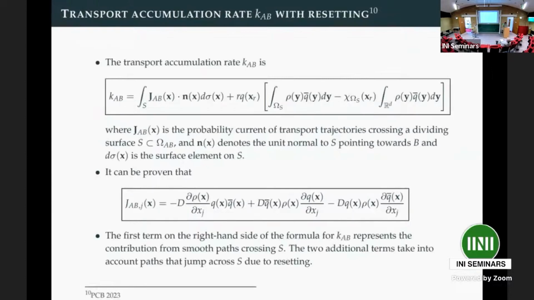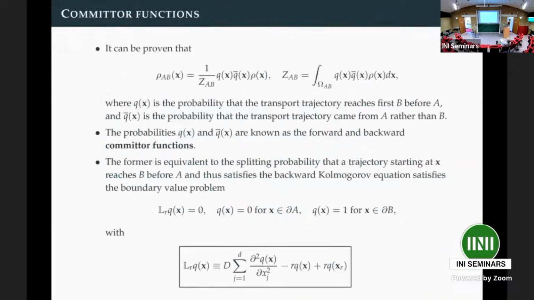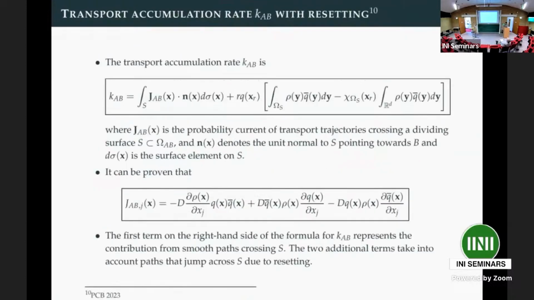Okay. So that's if you're interested in the statistics of these direct paths, but I'm interested in first passage time problems. Let me just focus on the first term. What Van Eyden and Vanden-Eijnden showed was that the reaction rate is given by the integrated flux through this dividing surface, where J_AB involves these various terms.